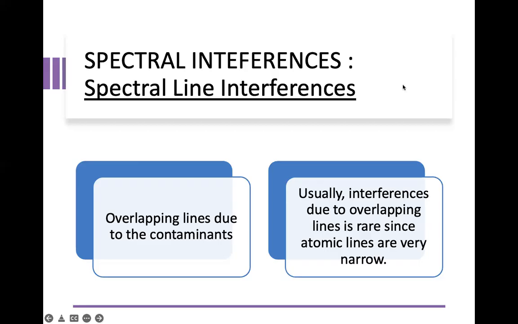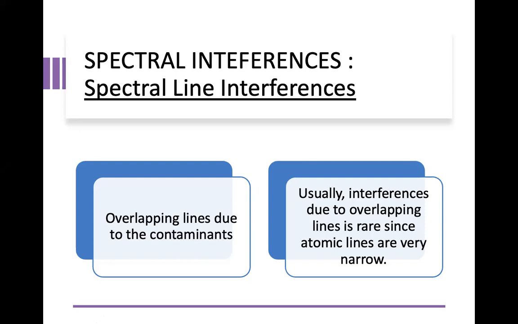So I think for the second part of our discussion, I wish to just pause for now. Right, spectral line interference is due to overlapping lines from contaminants.